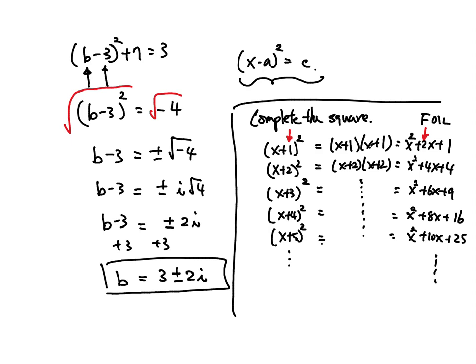Okay, and the constant with the blue arrow is always the square of the number in the parentheses. Okay, again, the red arrow, the number in front of the x, is always half of the number.